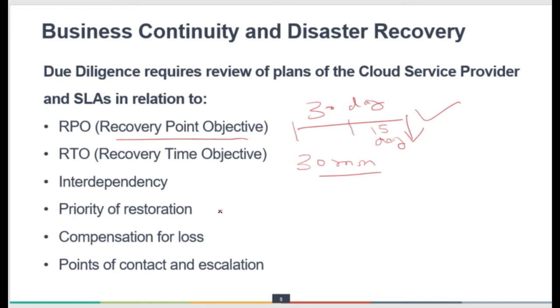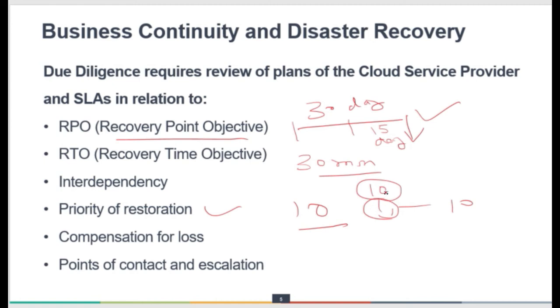Priority of the restoration, so this is very important. You may have, let's say, 10 servers or 10 services. You may assign priority, let's say 1 to 10. You need priority number 1 server to be restored first, or you may decide the least priority server first, because if you restore that, it may be the easiest way to recover.